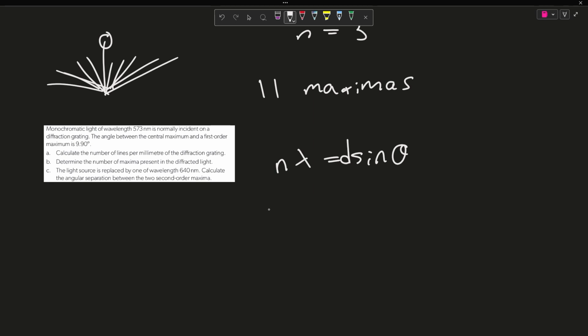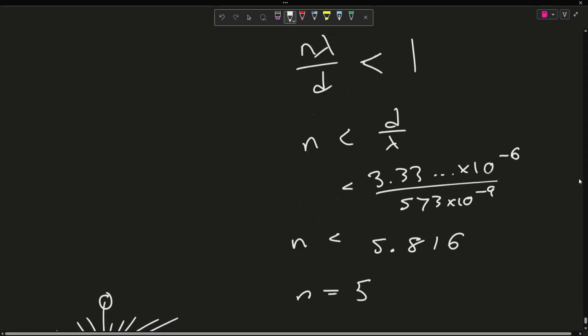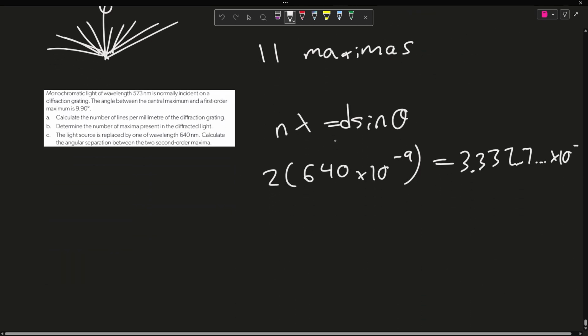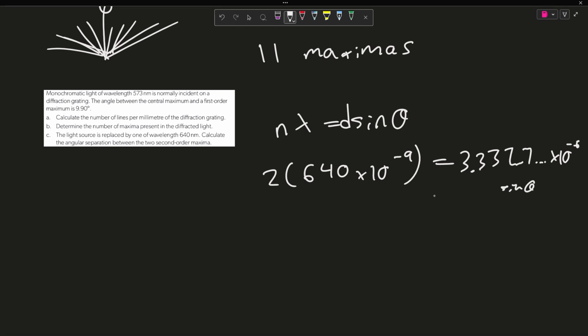Now n equals 2, and the wavelength is 640 times 10 to the minus 9, and this is equal to d, which is still 3.33 times 10 to the minus 6, times sine theta.